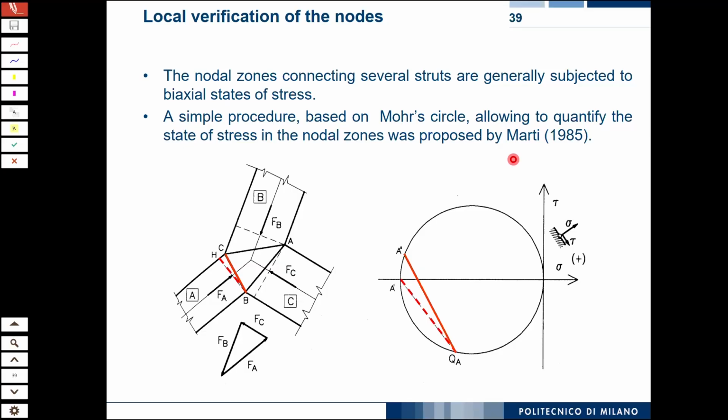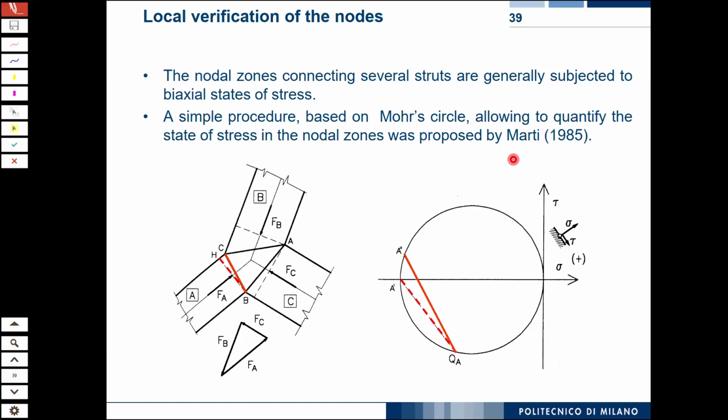So actually, we can say that we know the stress state on this dashed red line, but we do not know the stress state on the solid red line, because that is not the cross section of the strut. That is something inclined.